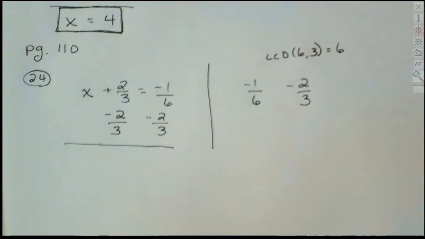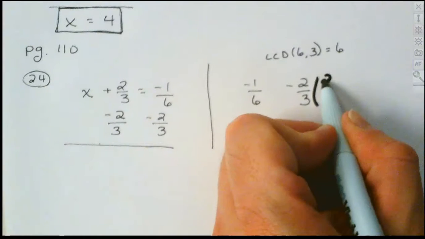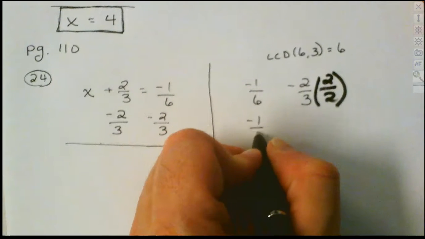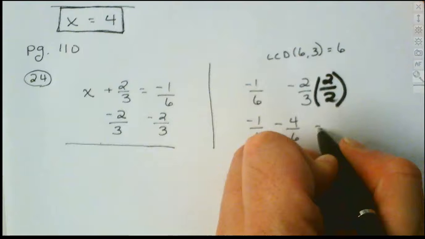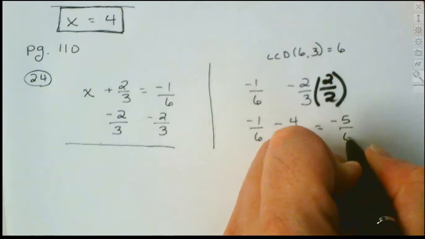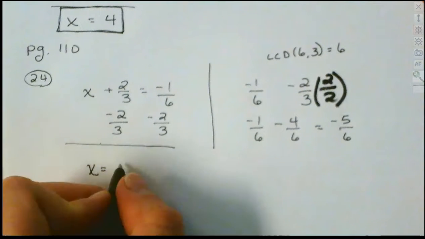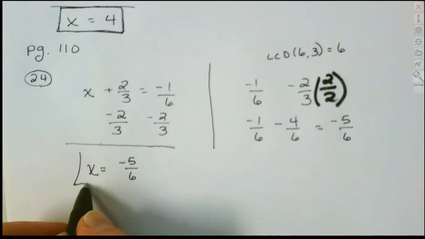So I'm going to go ahead and multiply that negative 2/3 by 2/2. And then that's going to give me minus 1/6 minus 4/6, which is then a minus 5/6. So my answer then would be a minus 5/6 for the value of x.